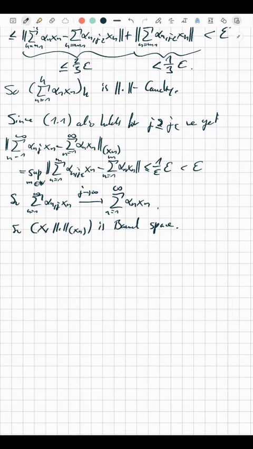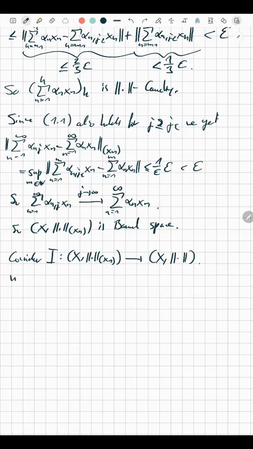We also wanted to show that these norms are equivalent. And here we will use a nice technique. We consider the identity map, which goes from our new Banach space, so with the xn norm, to the original Banach space, so x with the original norm. We just use the identity.